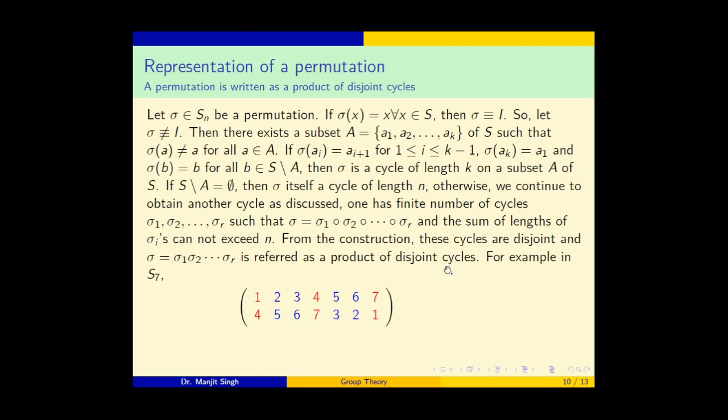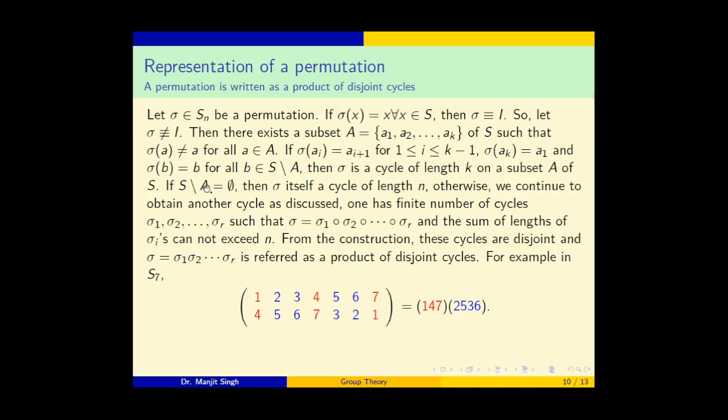For example, in S7 you can see 1 has image 4, 4 has image 7, 7 has image 1. So if we think about A, A has 3 elements 1, 4, 7. So you see here sigma(1) equals 4, sigma(4) is 7, and sigma(7) is 1 again. And now we can take another consideration.